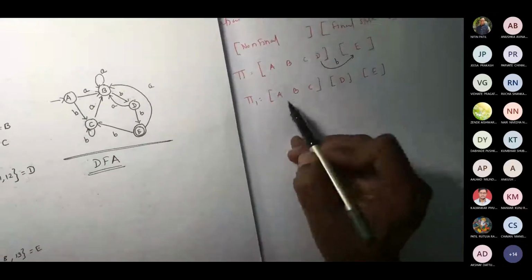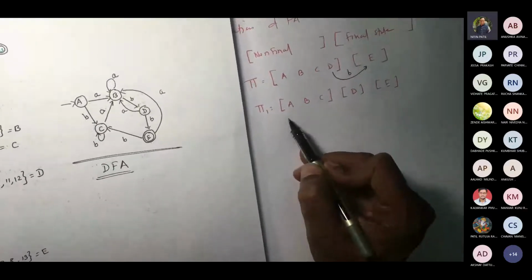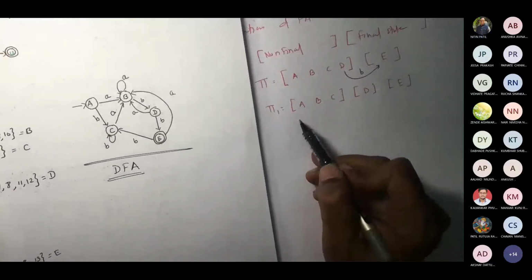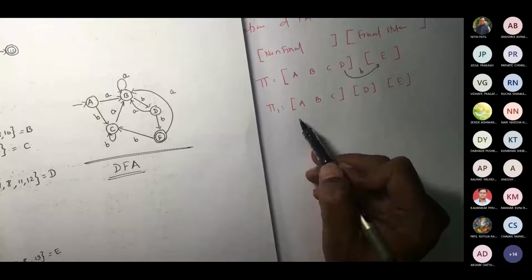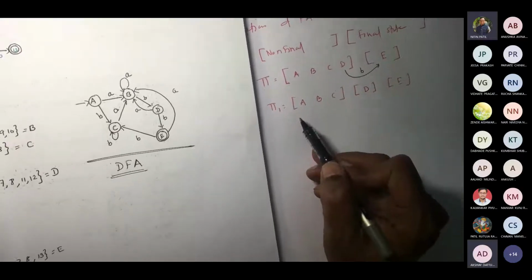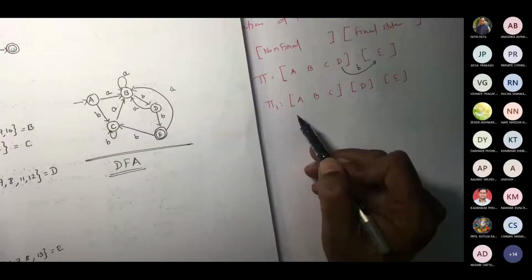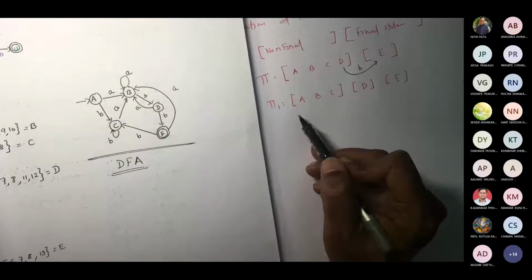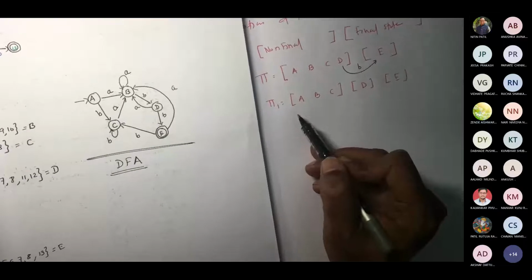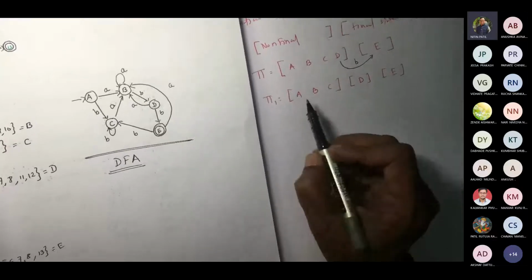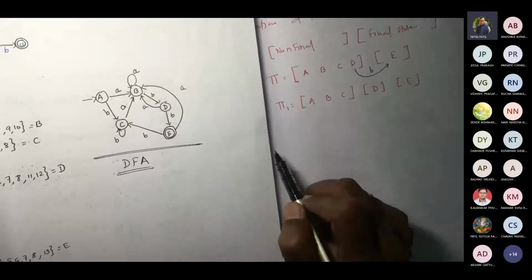Next thing, from A with input a, is it remaining in the same group or is it going outside? Same. For B, same. For C, if you see carefully, A and C will remain in the same group.